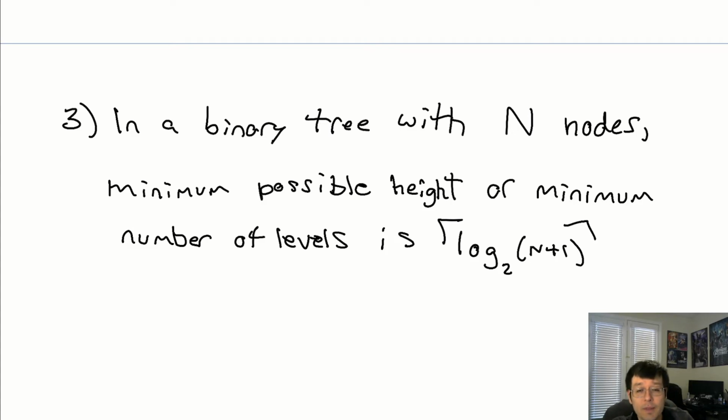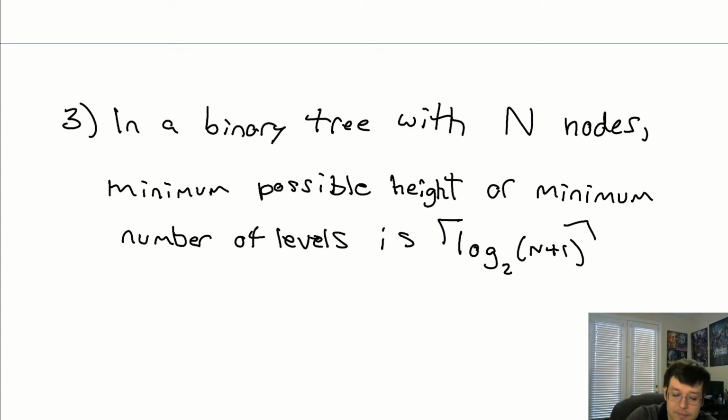In a binary tree with n nodes, n being the number of nodes, the minimum possible height, or minimum number of levels, so here we're mixing and matching, is going to be the ceiling of log n, plus 1. You see the little brackets at the top. Does anybody know what those mean?